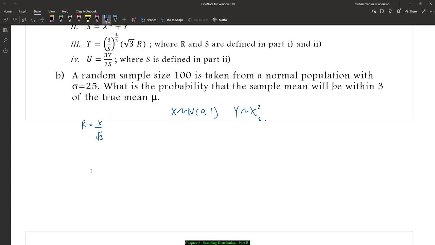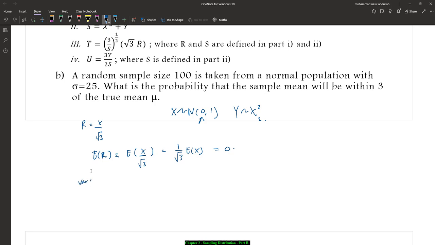First we need to find the expected value of R. Expected value of R is the expected value of X over the square root of 3, so 1 over square root of 3 times the expected value of X. The expected value of X is 0, so the expected value of R is 0.